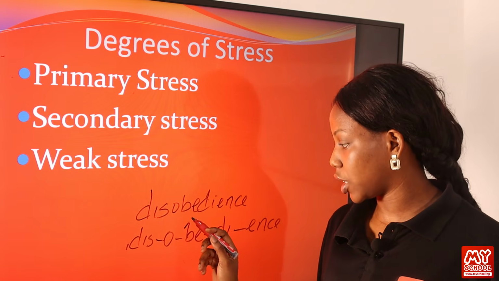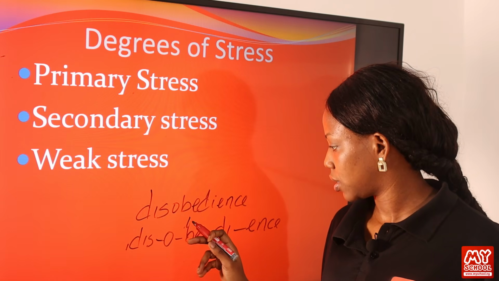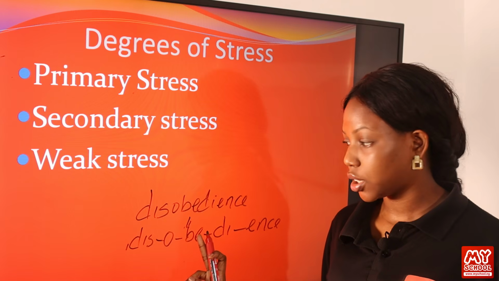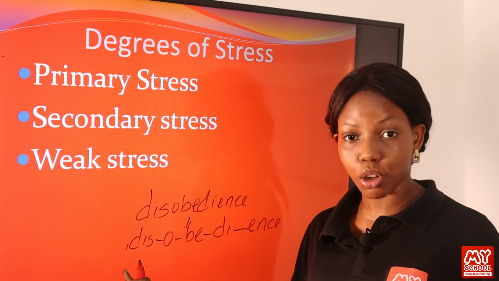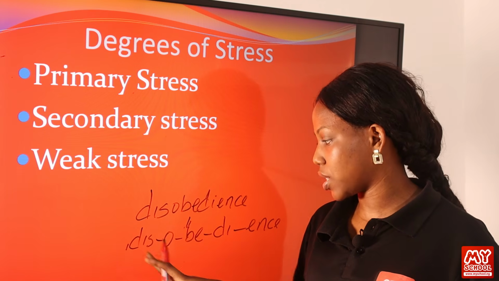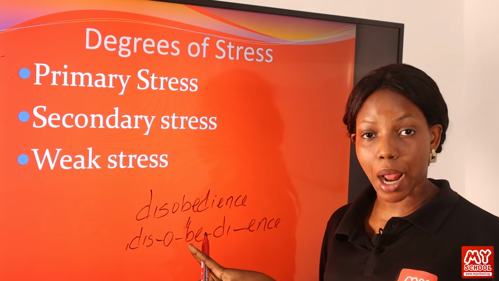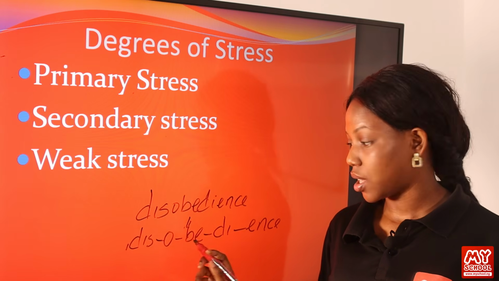Primary stress is indicated by a stroke, this stroke, something like this, beside the syllable that is stressed. While the secondary stress is indicated by a stroke below the syllable. So this is a secondary stress. This is a primary stress, while others are regarded as weak stress.